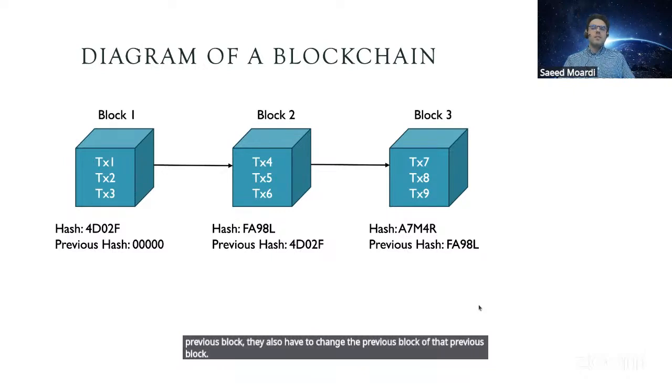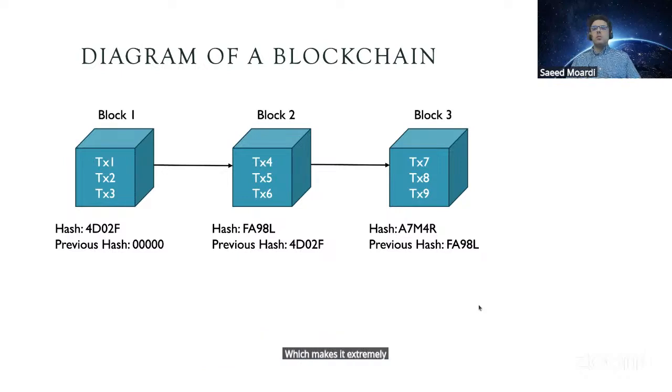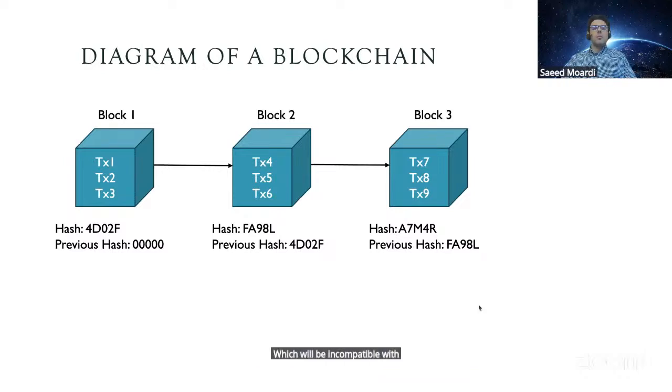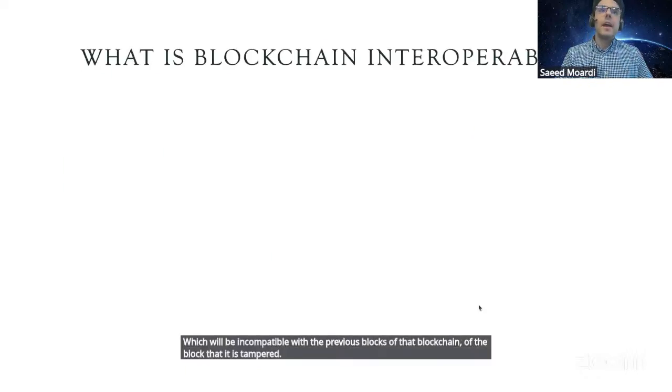This makes it extremely difficult to tamper with the data in a blockchain, because if they change the data, its hash value also changes, which will be incompatible with the previous blocks of the block that was tampered.